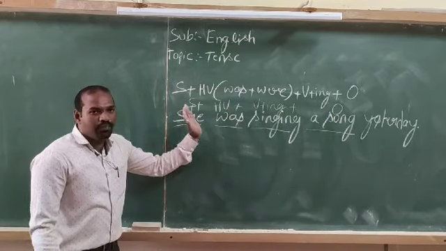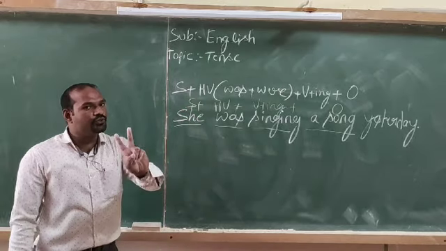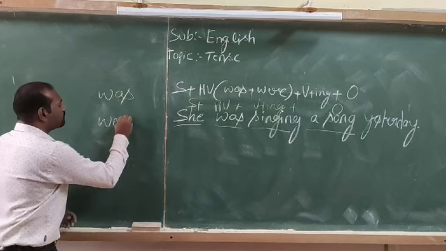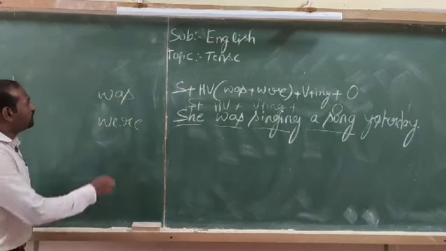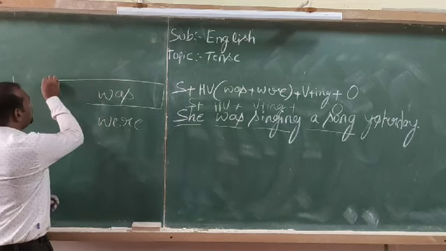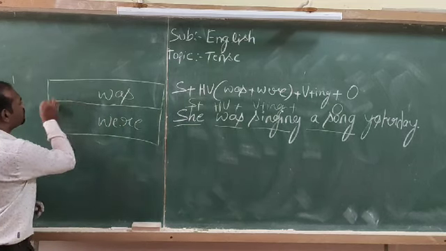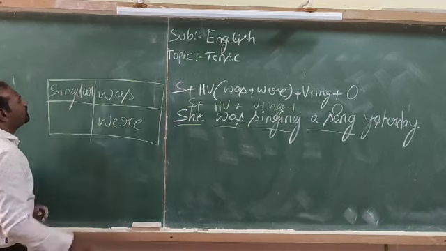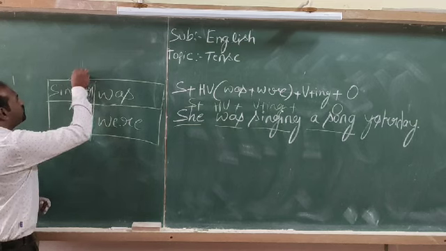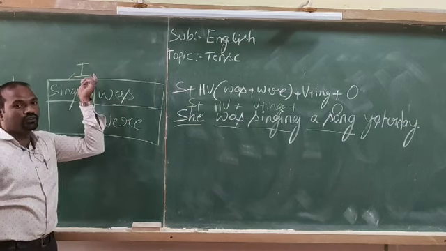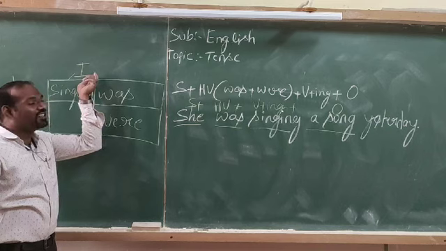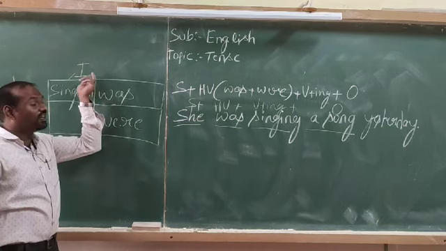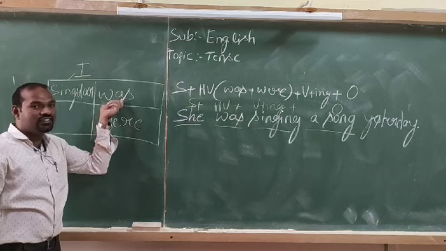Dear students, in the past continuous tense, we are using two helping verbs. Look, was and were. This was is used for singular, and along with first person singular called I. So in the past continuous, if the subject is first person singular I, you have to take was as a helping verb.